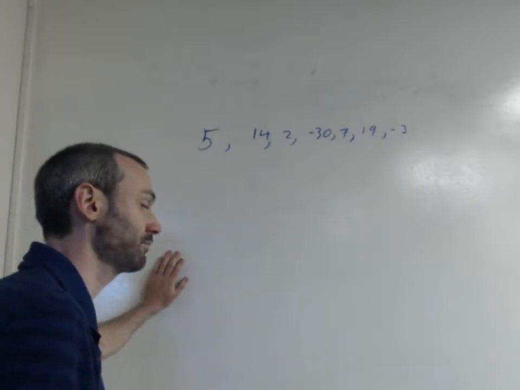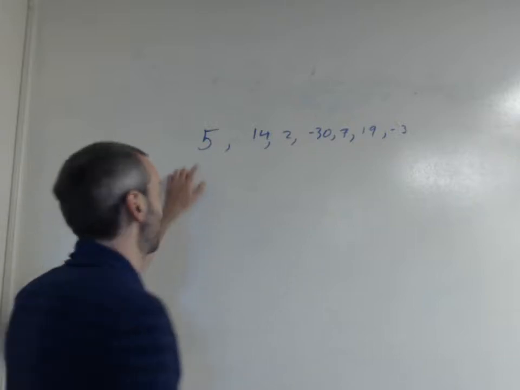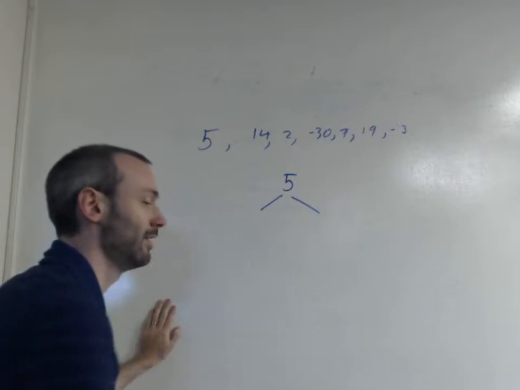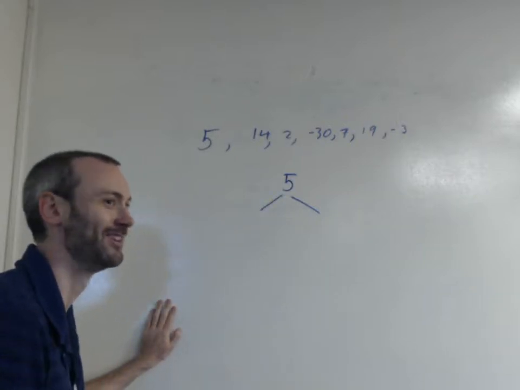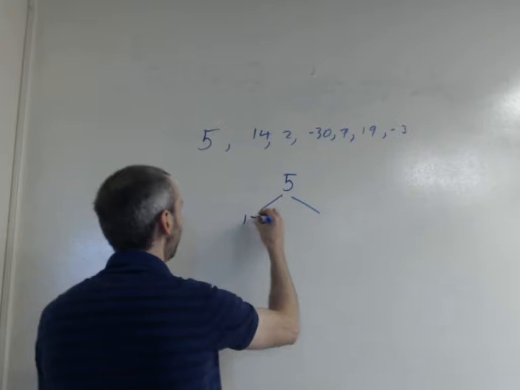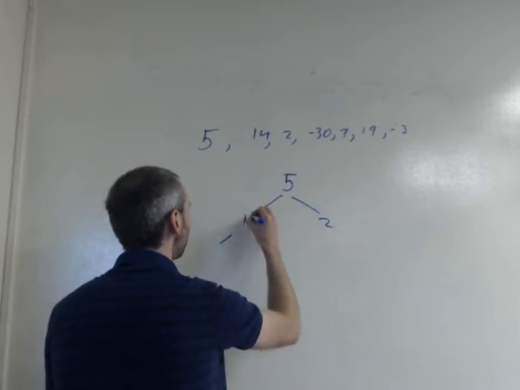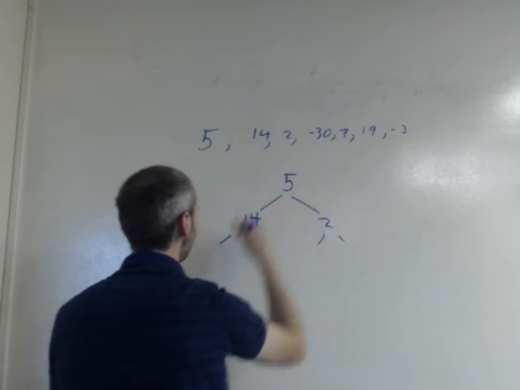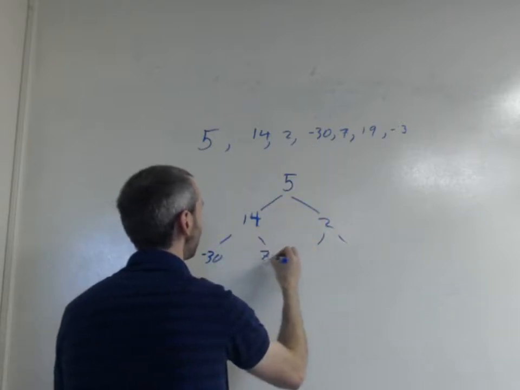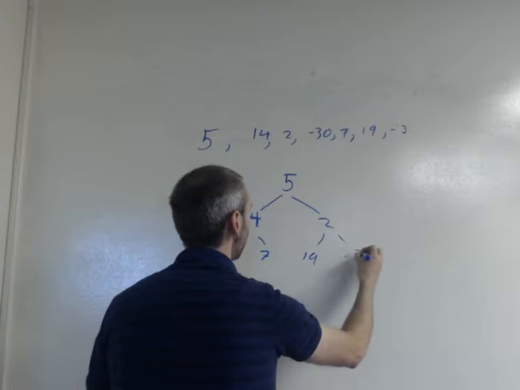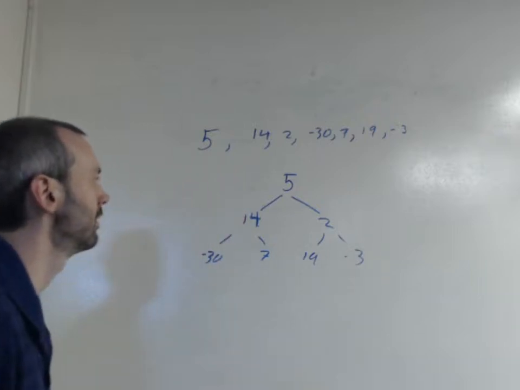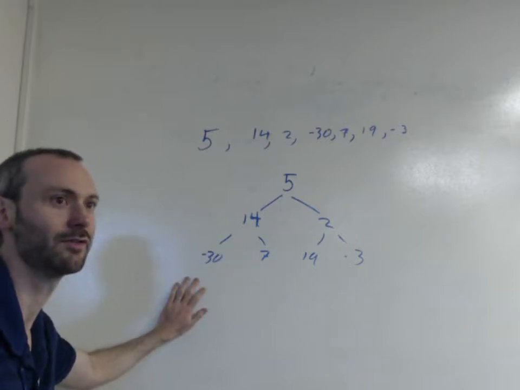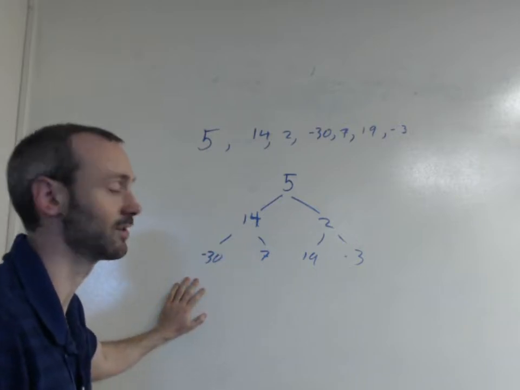So binary tree, we're going to start with this one, create a node, and then it's going to have 2 offspring, hence the word binary. We'll put the 14 over here, and then the 2 over here. And then we'll put the negative 30 here, the 7 here, and the 19 there. Hey look, every node has 2 children, which are also its own node. All right, so that's a binary tree.